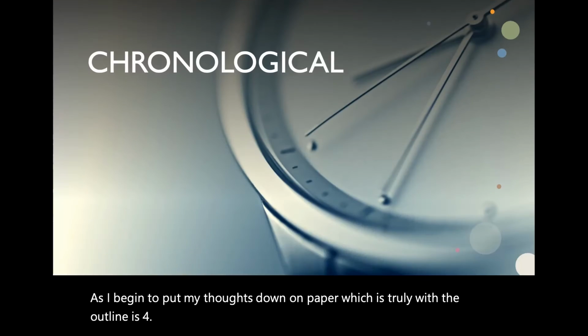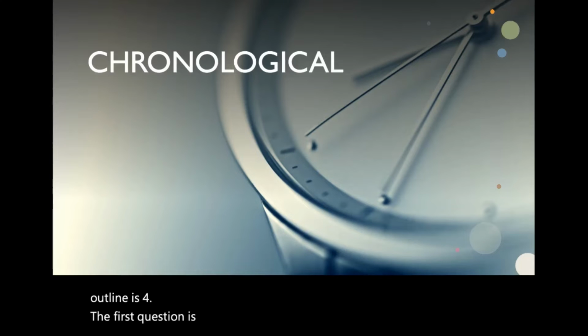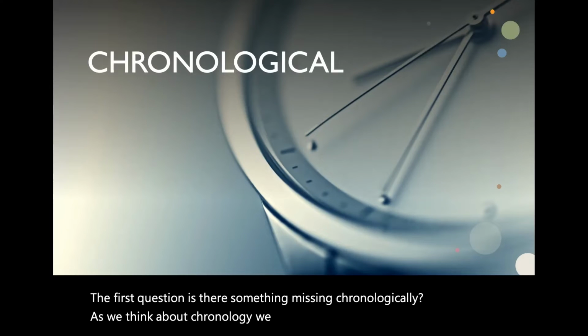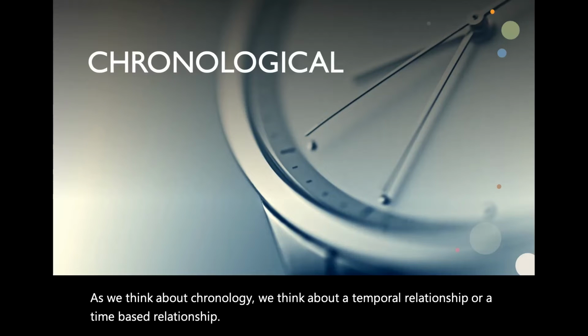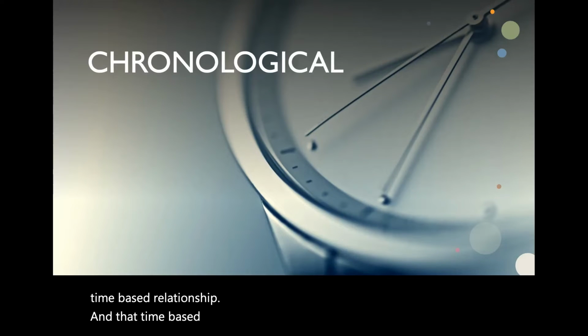Well, the first question is: is there something missing chronologically? As we think about chronology, we think about a temporal relationship or a time-based relationship. And that time-based relationship means that there must be something that moves in order of time.